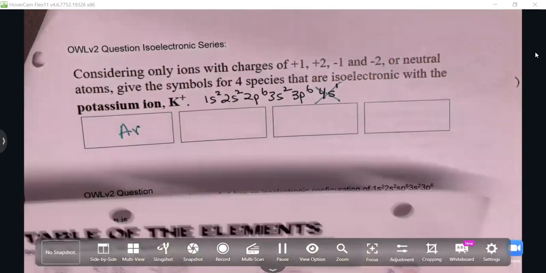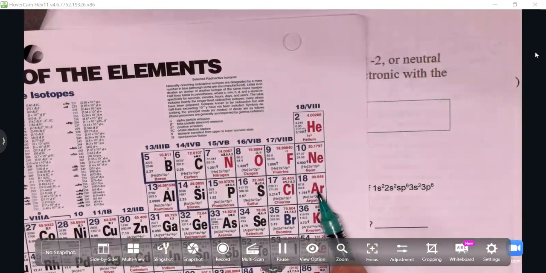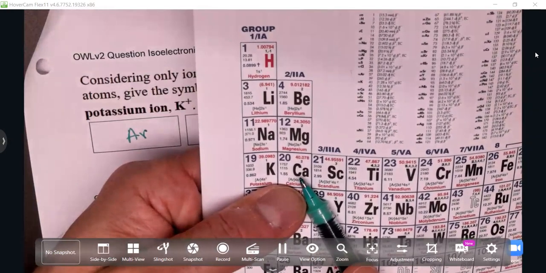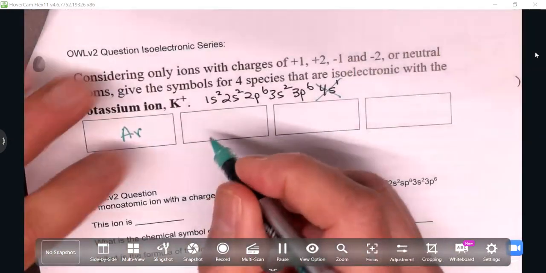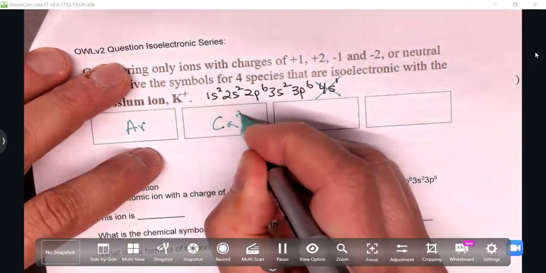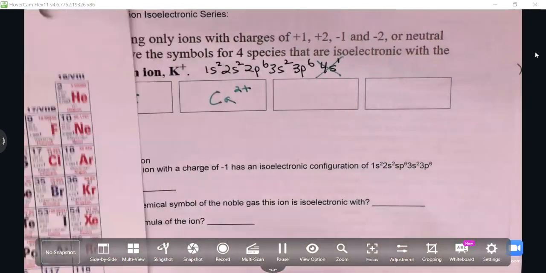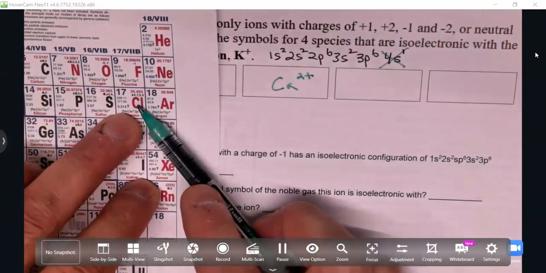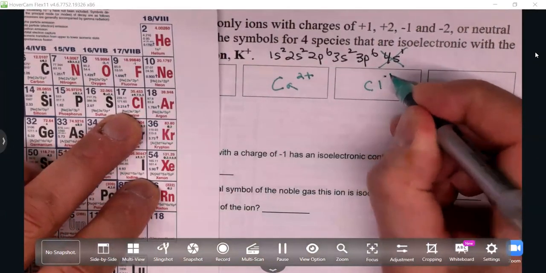Then, as we come over here, if calcium loses 2 electrons, it's going to have the same configuration as argon. So calcium 2 plus. If chlorine gains 1 electron, it's going to have the same configuration as argon, so chlorine.